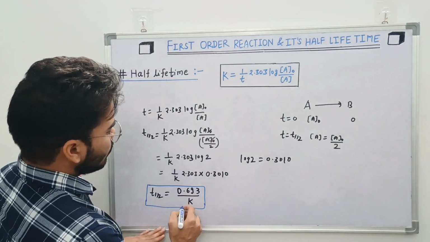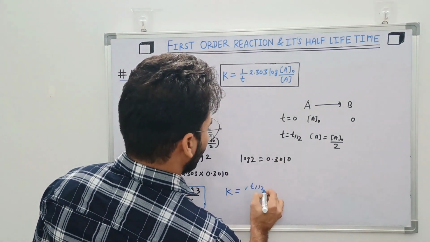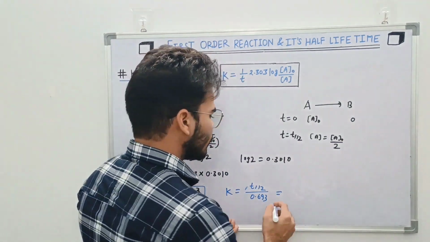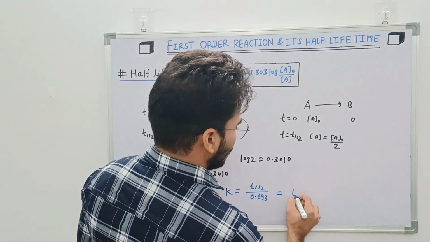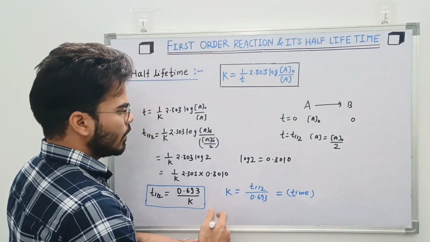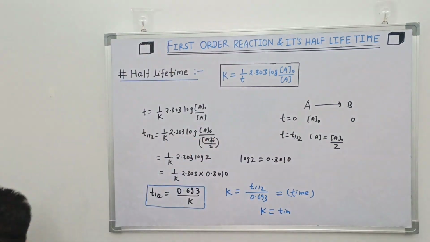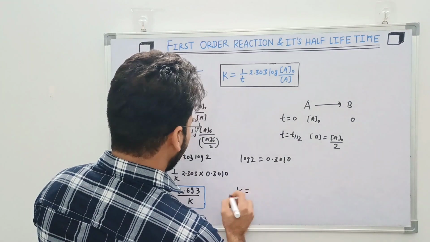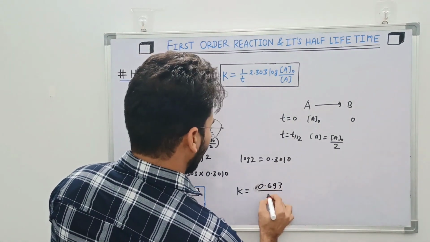So we can also derive the unit for rate constant using this equation. K will be 0.693 upon T half.